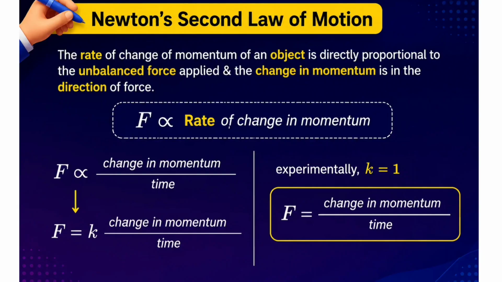To remove the proportionality sign and bring in an equal to sign, we must introduce a constant which we call k. The equation becomes F is equal to k multiplied by change in momentum divided by time. Experimentally, the value of this constant k is found to be exactly 1. When we put k equal to 1, we get a final beautiful law on the right side of the slide. F is equal to change in momentum upon time.